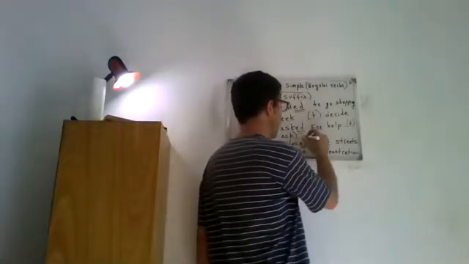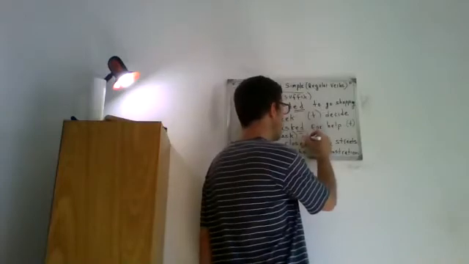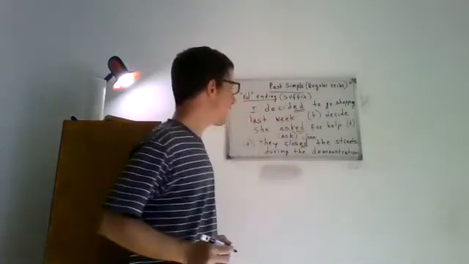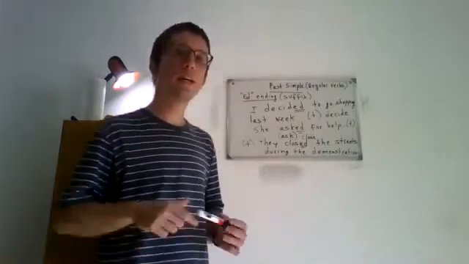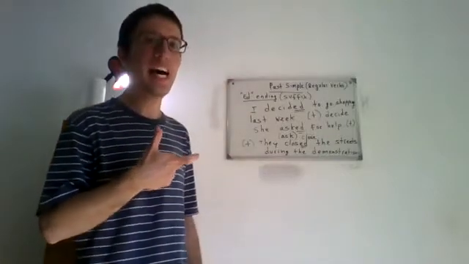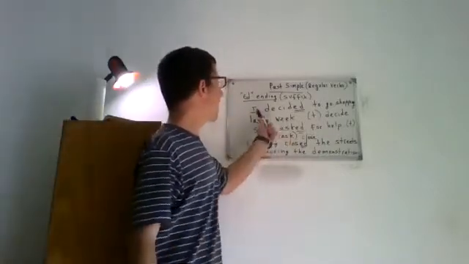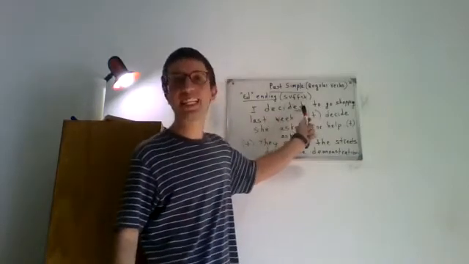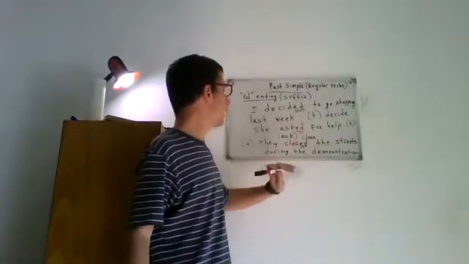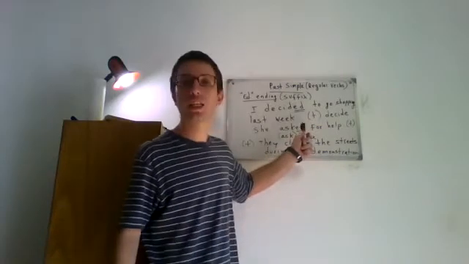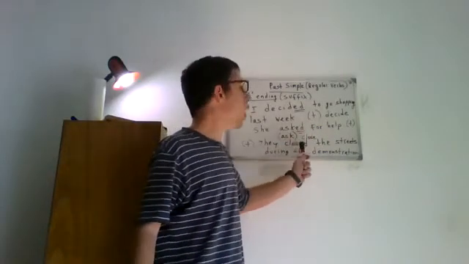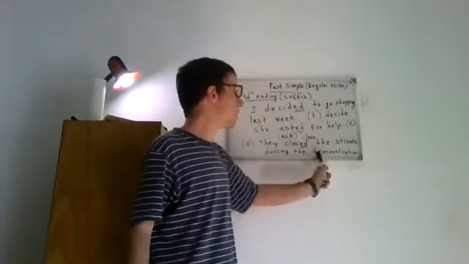So this comes from the verb close. Here, pay attention to the different pronunciations: I decided to go shopping last week. She asked for help and they closed the streets during the demonstration.